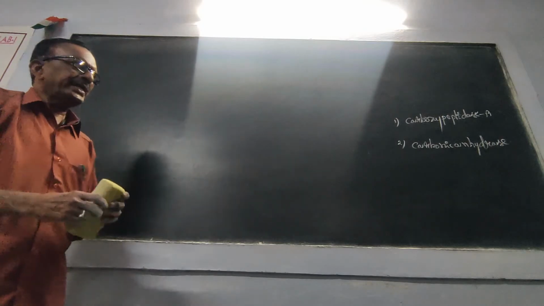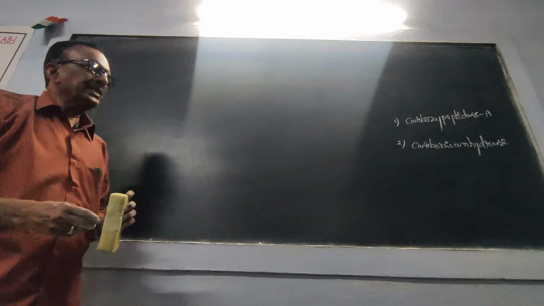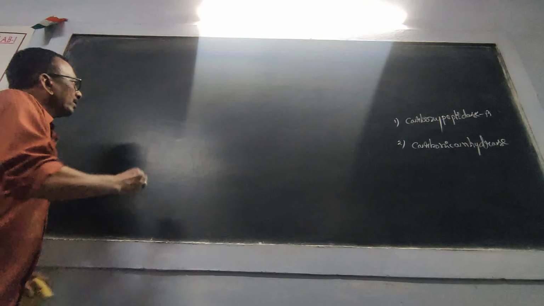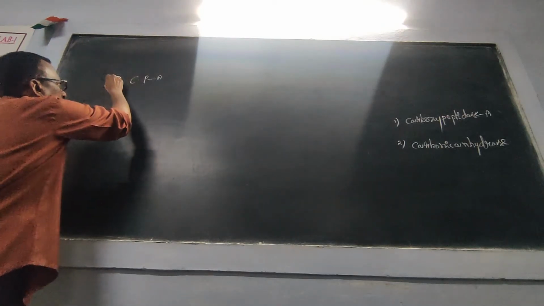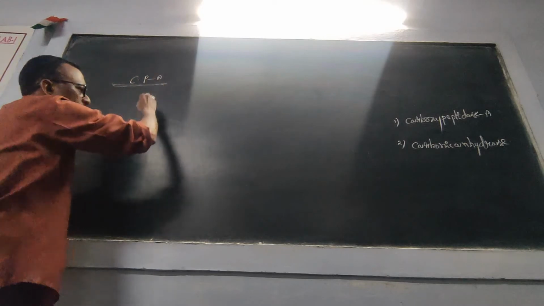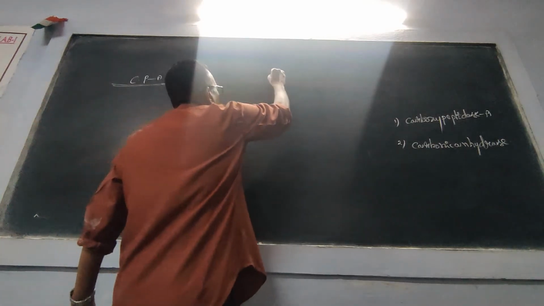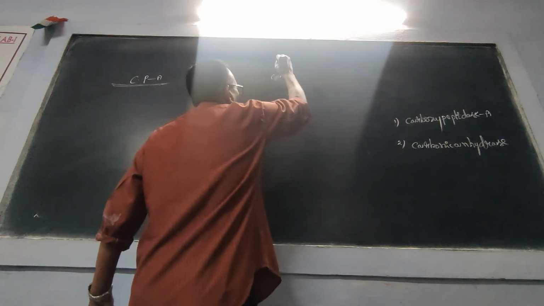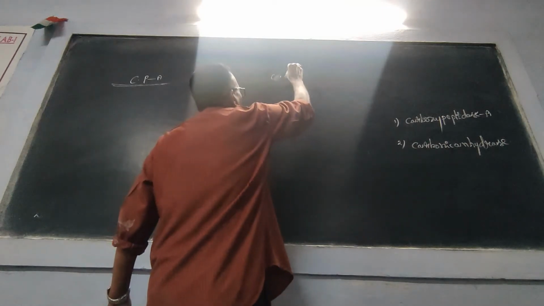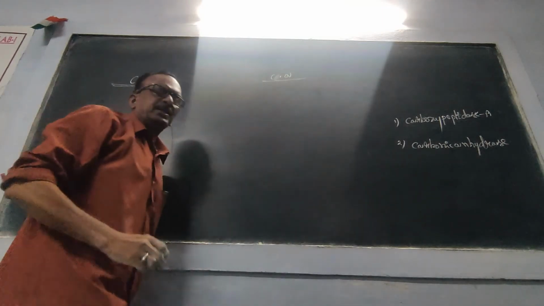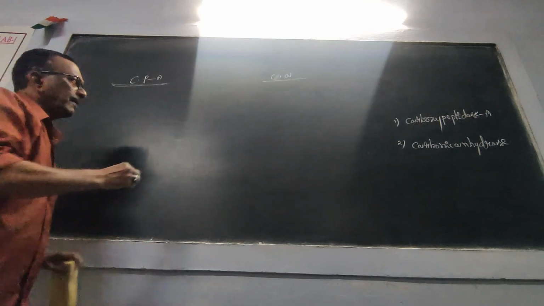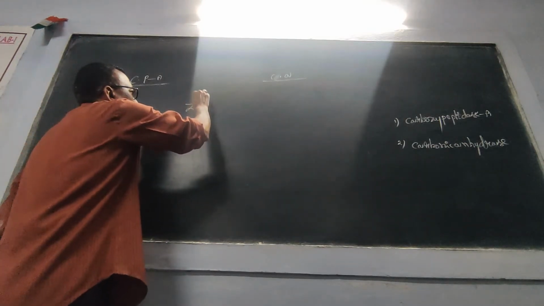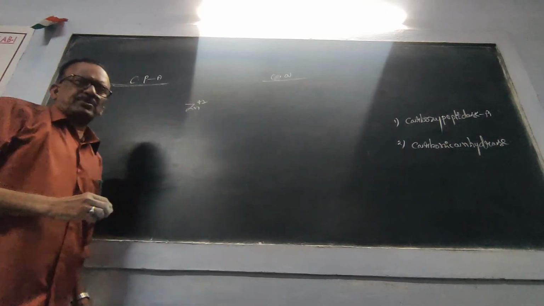Now let us take carboxypeptidase. So here I will write CP, carboxypeptidase and carbonic anhydrase. That is the next step. So these two enzymes are zinc metal possessing enzymes.